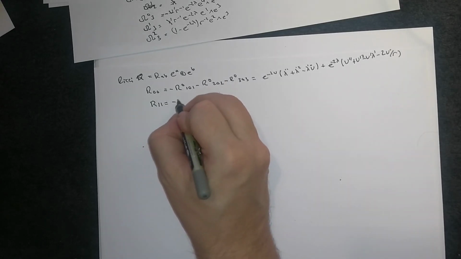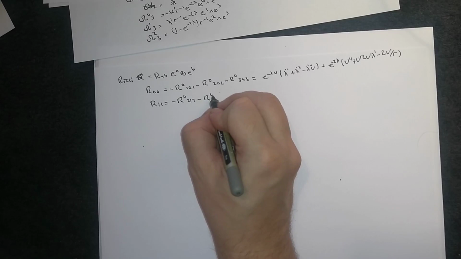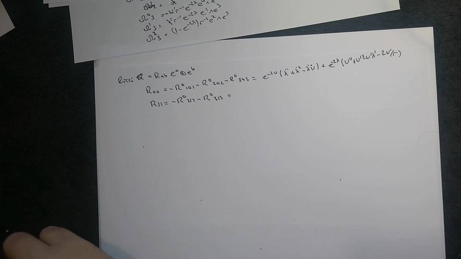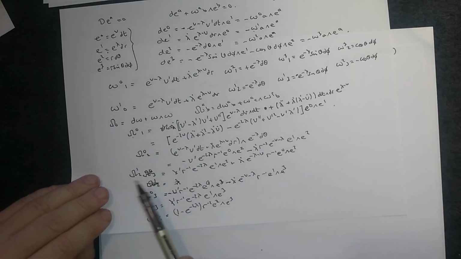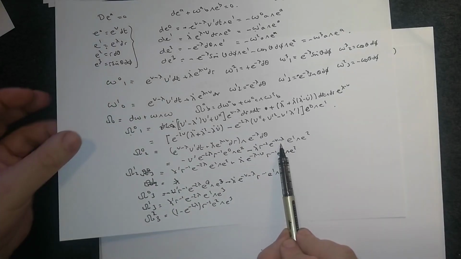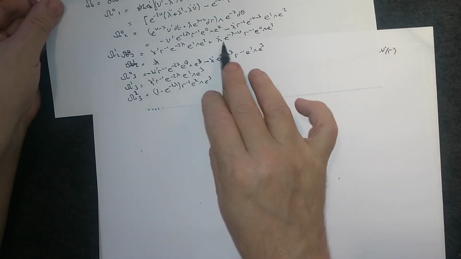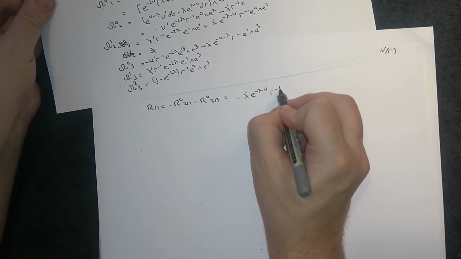R11, using the symmetries of the Riemann tensor, is going to be that thing. So R0212 is that thing. Minus lambda dot e to the minus lambda minus nu r to the minus 1.